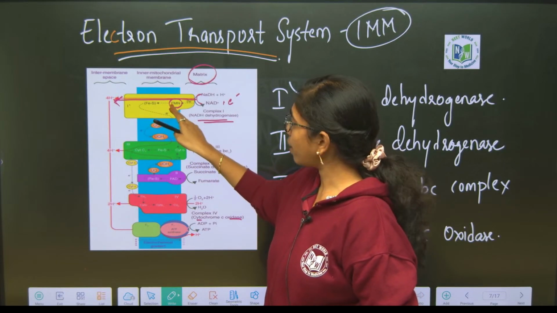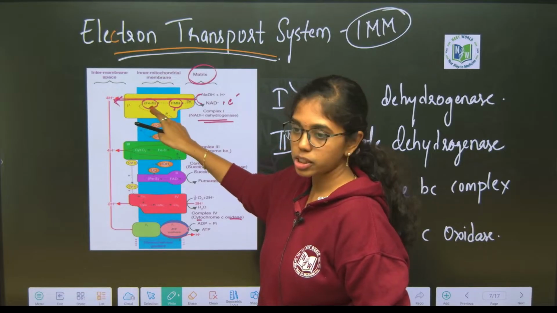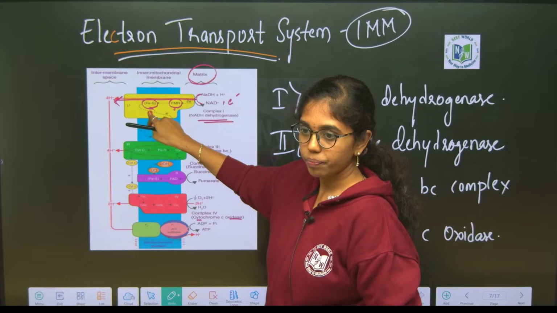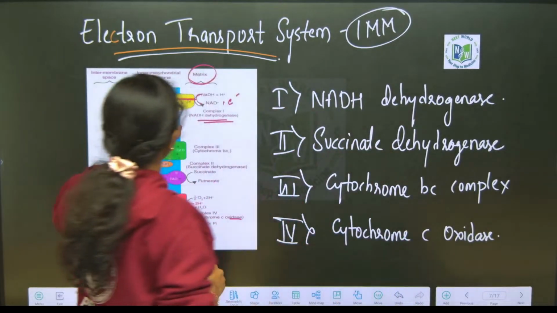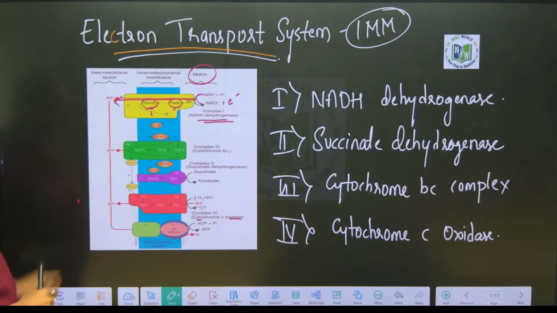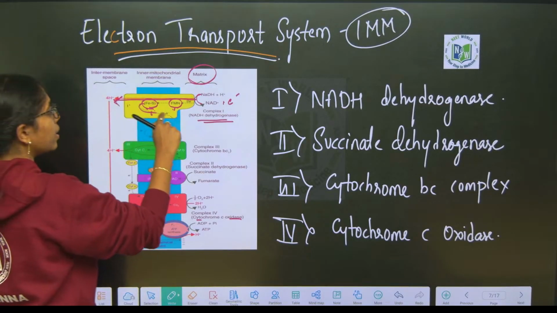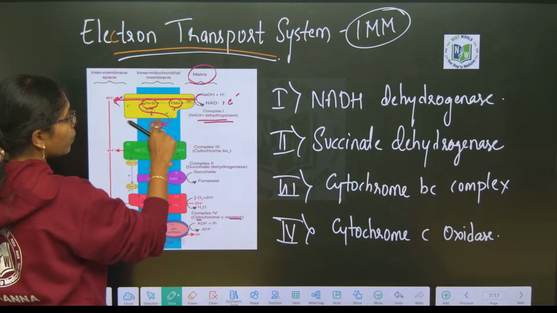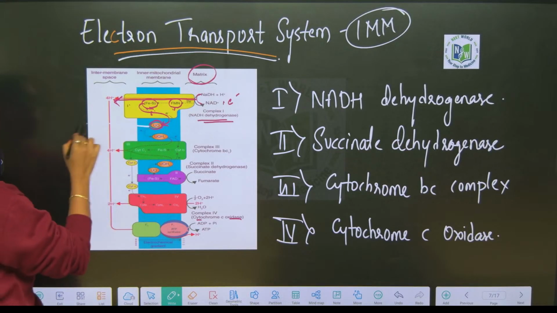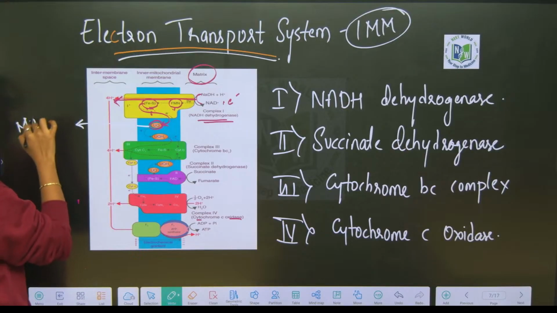Okay. And from here it will be accepted by the ferrous sulfur molecule. Fine. First is flavin mononucleotide and then the ferrous sulfur complex. From here electrons are being given to what? Ubiquinone, which is a mobile electron carrier. Remember, what is ubiquinone? Mobile electron carrier.